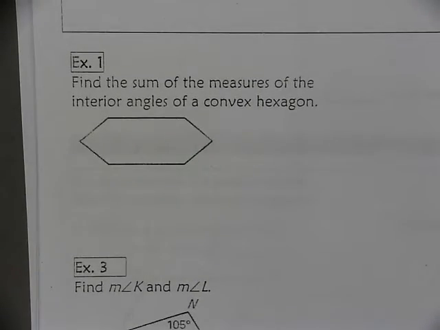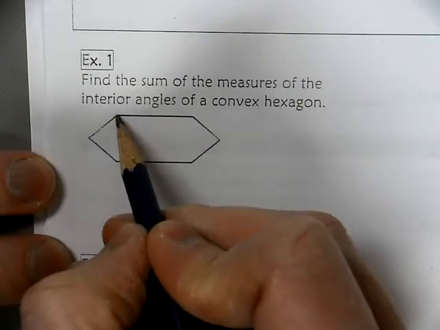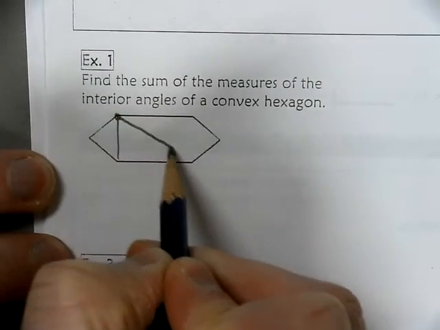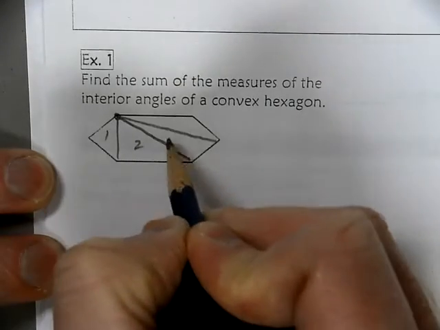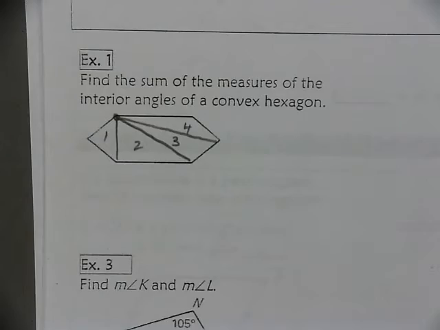So now let's work with just figuring out the sum that we have here. You may have memorized it already, but just to practice, one way you can do it is to draw the diagonals, look at the number of triangles, and say the number of triangles times 180.